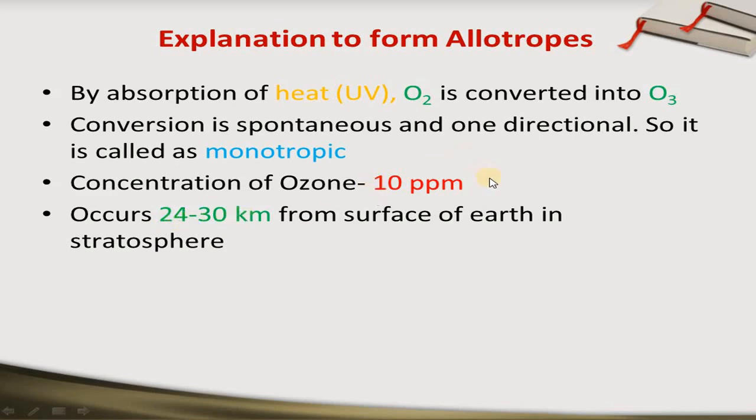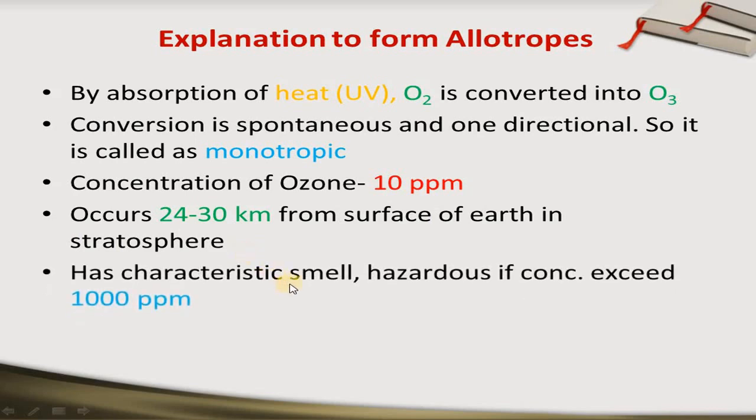This is the concentration of ozone present in the stratosphere. If the concentration of ozone is increased beyond certain limits, it is dangerous to the atmosphere. It has a characteristic smell. It will be hazardous if its concentration exceeds 1000 parts per million.